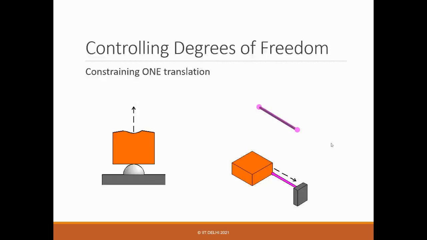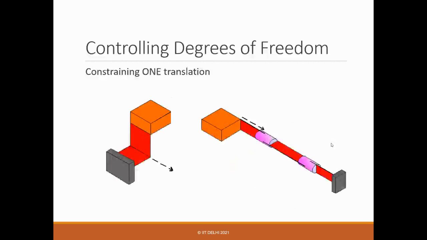So the normal terminology in compliant mechanisms is wire flexure, but it's nothing but a cantilever with a circular cross section, or it can be a prismatic one also with a square cross section, right? Or if it's a rectangular, then it will have different stiffnesses in different directions. But okay, for the time being, we just talk about the circular cross section. So this is how you can constrain one translation.